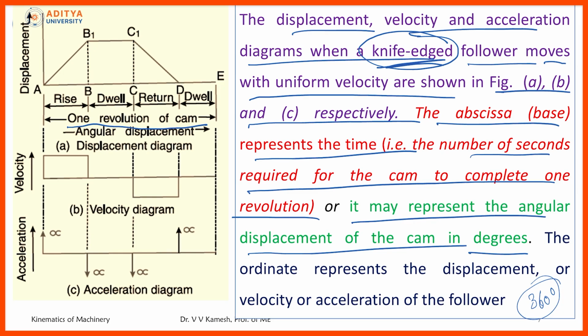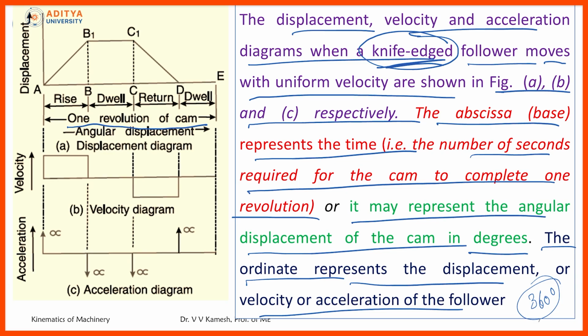Suppose in the initial 120 degrees the cam follows one motion, the next 90 degrees another motion, the next 180 degrees another motion, and the remainder of the total 360 may follow some other motion. We are not restricting the cam to only 3 or 4 movements. It can be as many, but they need to be confined within 0 to 360 degrees. What is the y-axis? The ordinate represents the displacement or velocity of the follower.